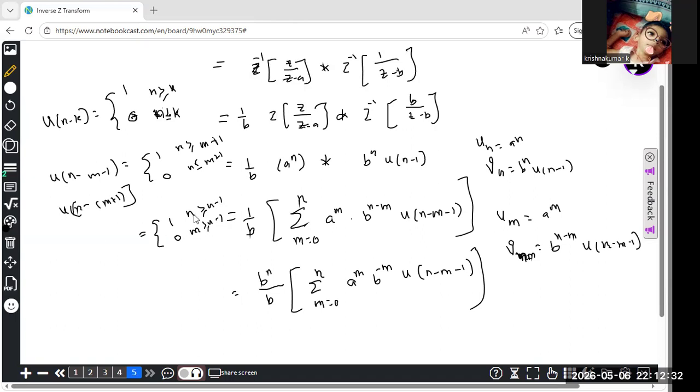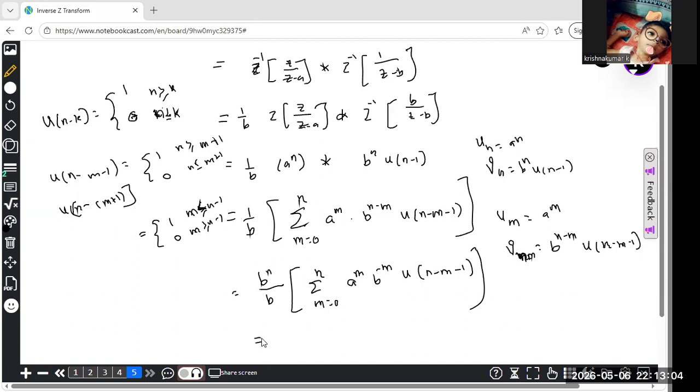So if we vary m up to n minus 1, it will take the value 1, and for the rest, this will be 0.